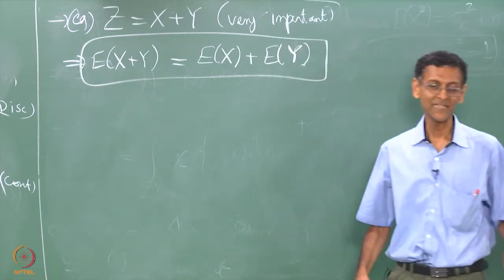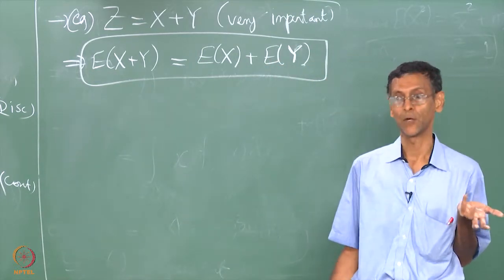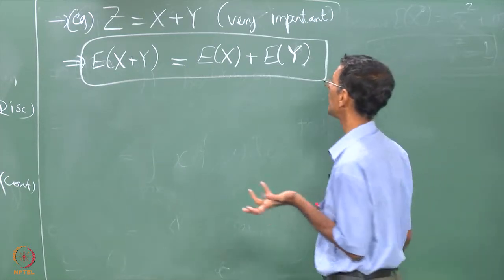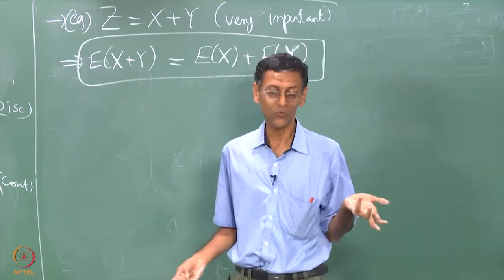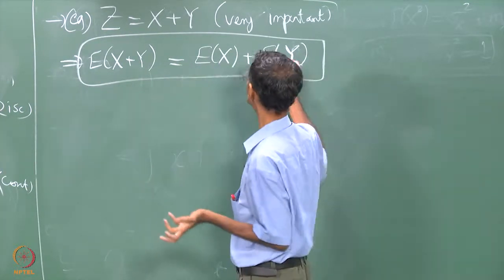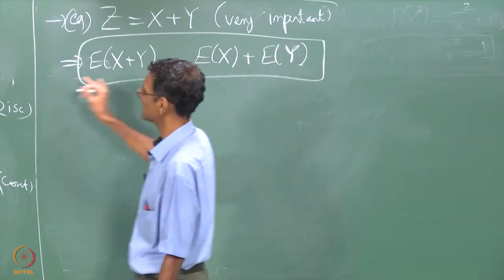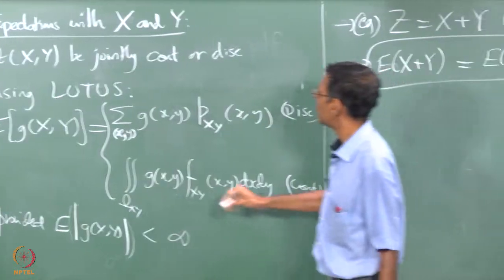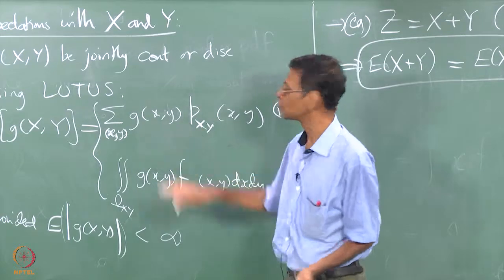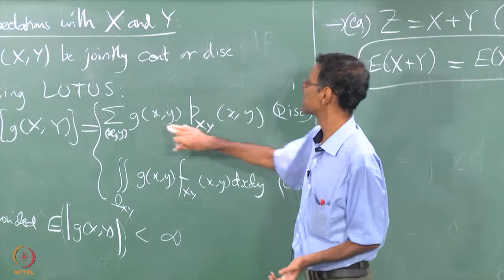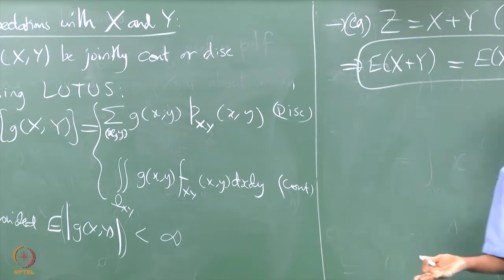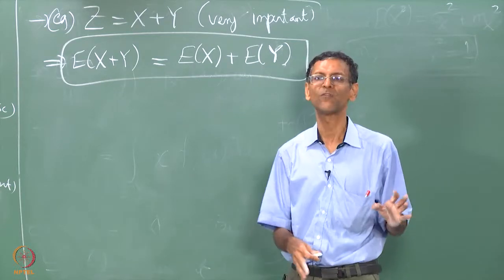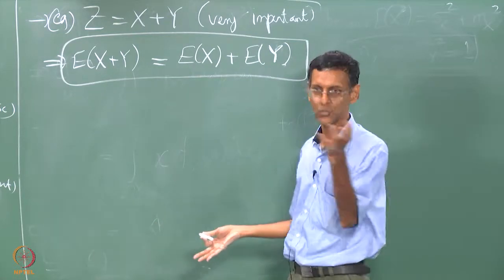So the linearity of E takes on yet another meaning now. It's not just g1(x) plus g2(x) that we did earlier. Instead, now we have x plus y, two totally different random variables, and still you get this. So for those of you that are still unsure, take either formula and substitute x plus y. By the distribution of multiplication over summation, it is x times this plus y times this, and then the summation, if you do it twice, once for the x and once for the y, you will get E of x in the first term and E of y in the second term. So please go and work out the details.